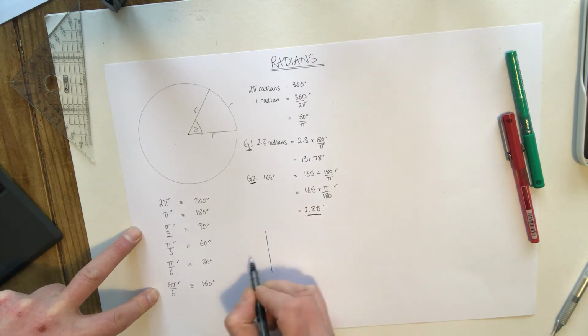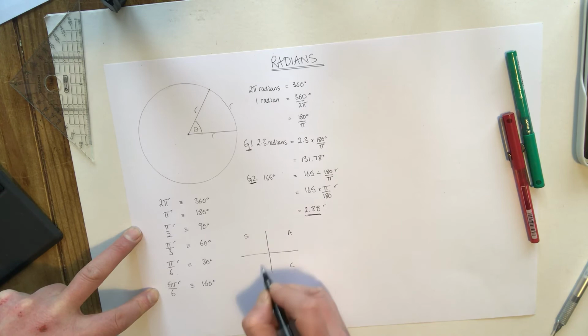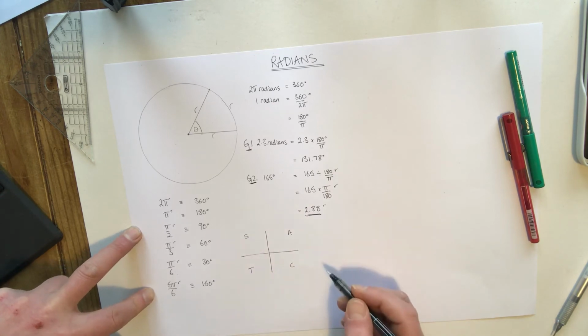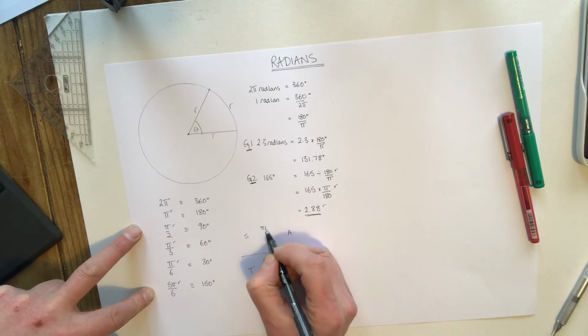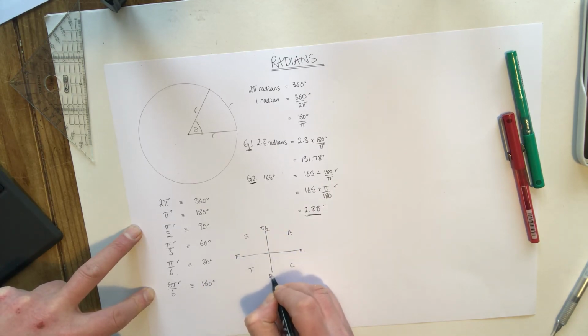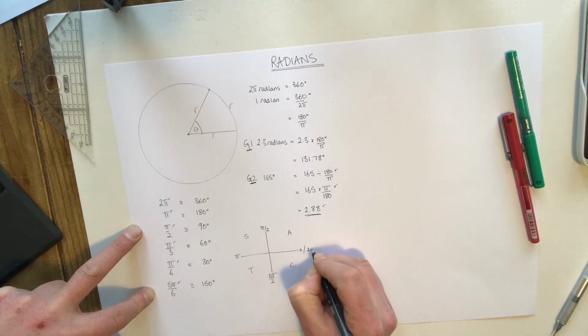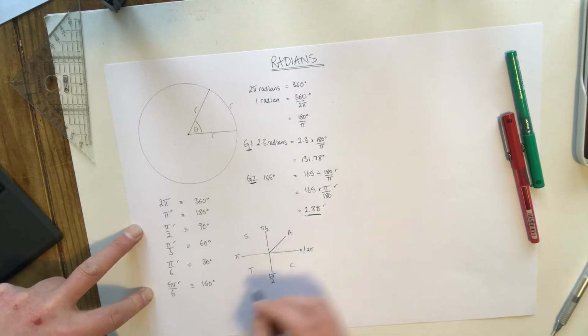So on your cast diagram or ACTS, that's naught. This is pi over 2. This is pi. This is 3 pi over 2, and full circle is 2 pi radians. So this would be pi over 4.